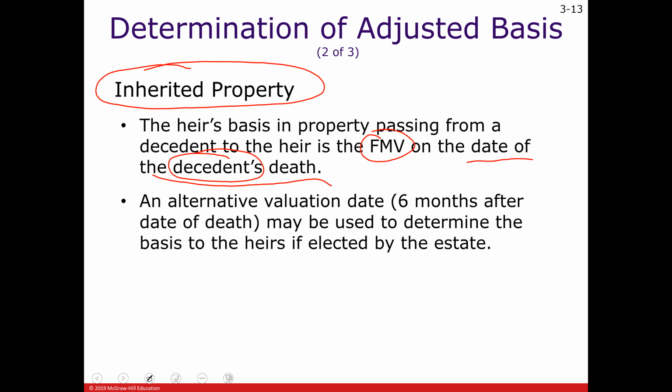And the property will be considered now in the hands of the person that received it. That person is called the beneficiary. That will be long-term property. Even though that beneficiary may have held it for just one day, automatically because you inherit it, it's considered to be long-term.